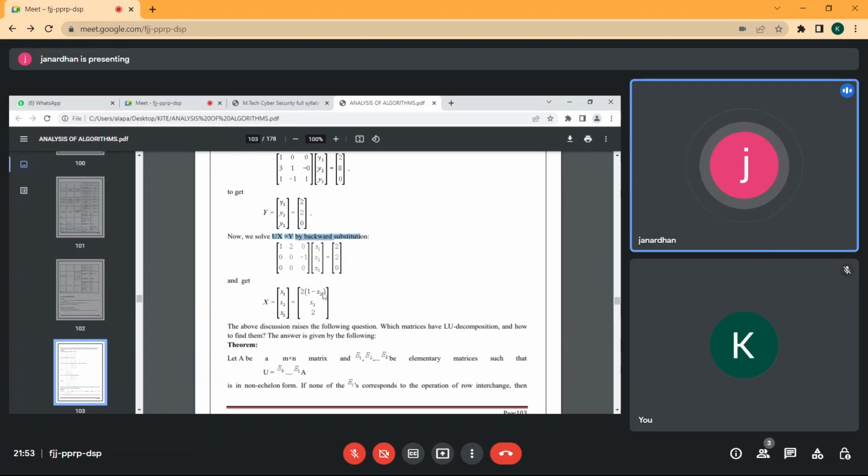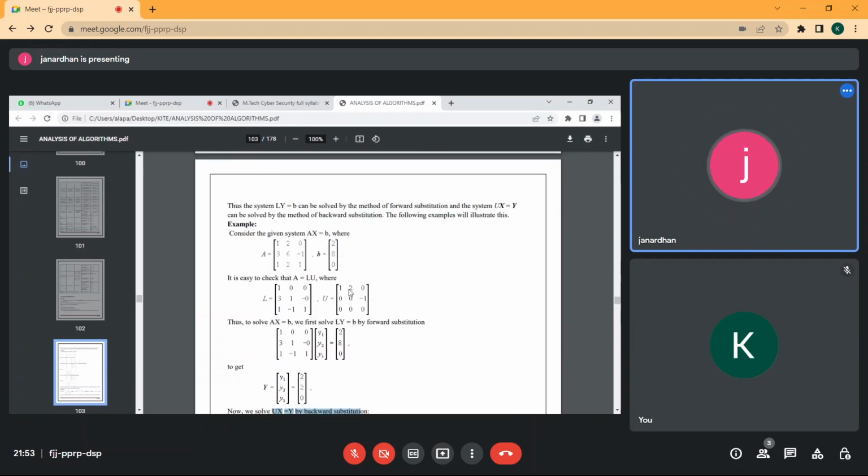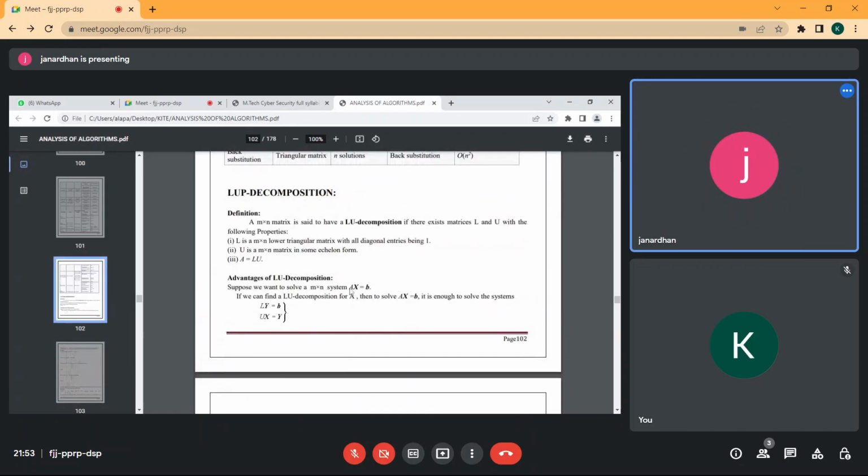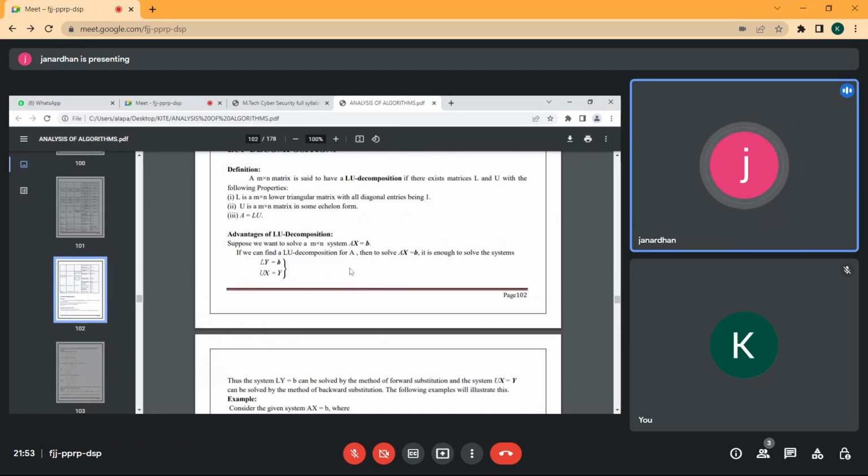This is the LU decomposition: lower triangle, upper triangle.